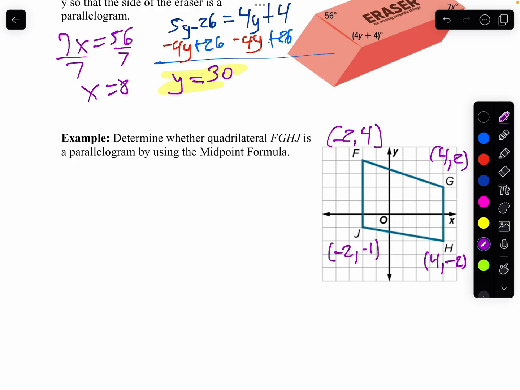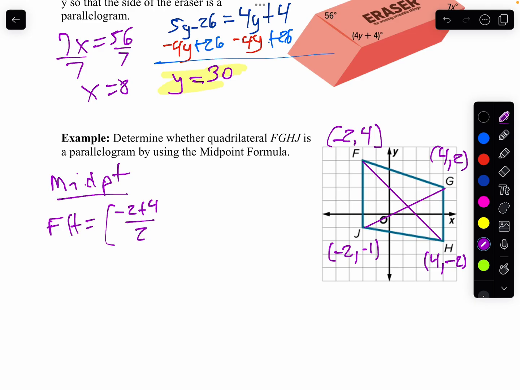Now, finding the midpoints of the sides doesn't help me. What I want to see is, do my diagonals bisect each other? So I'm going to find the midpoint of my diagonals. First, the midpoint of F to H. I add up my x's, negative 2 plus 4, and divide that by 2.